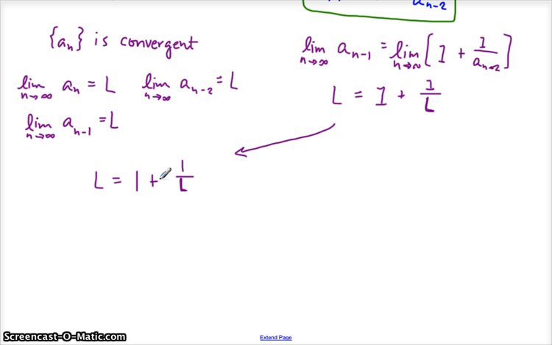So to do that, let's multiply the whole thing through by L, so both sides. So now I have L squared equals L plus 1.